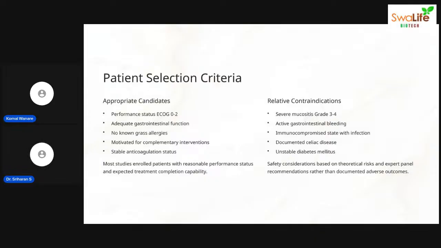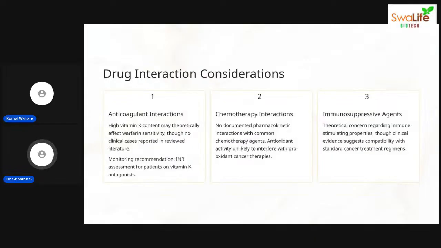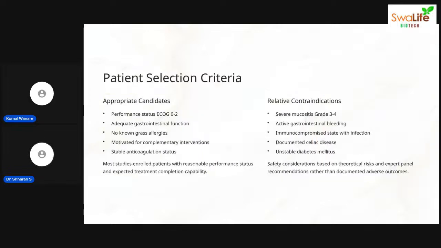They should also be motivated for complementary intervention, and have a stable anticoagulation status. As seen in the earlier slide, there is an anticoagulant interaction, so we want a stable INR value in the patient. Only then do we include them. If we include a patient with a very low or moderate INR value, it will affect the study and pose a major serious risk to the patient. So this is the appropriate candidate.